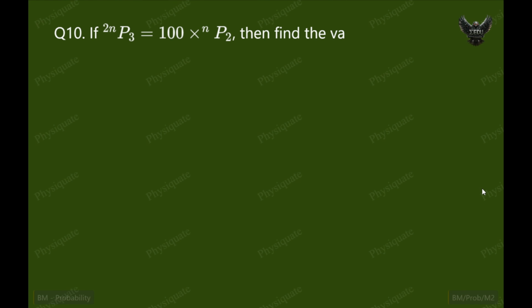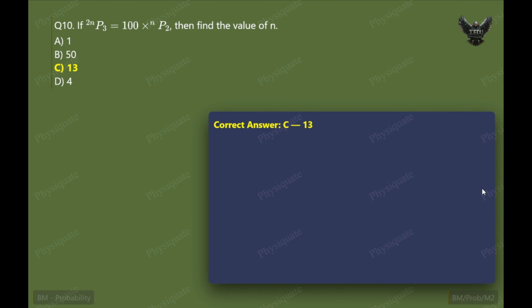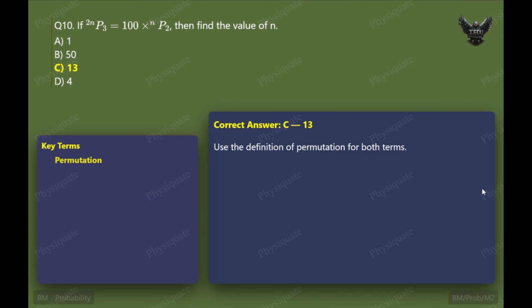Question 10. If P(2n,3) equals 100 times P(n,2), then find the value of n. Correct answer is option. Use the definition of permutation for both terms. Now let us consider permutation.